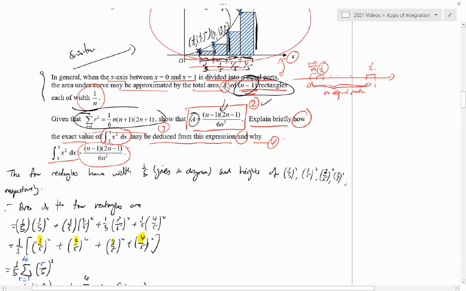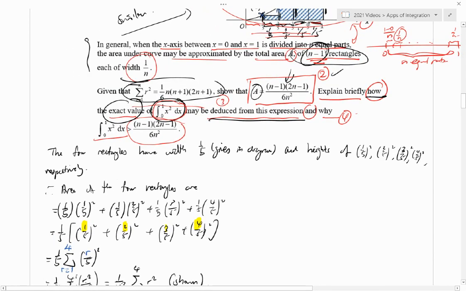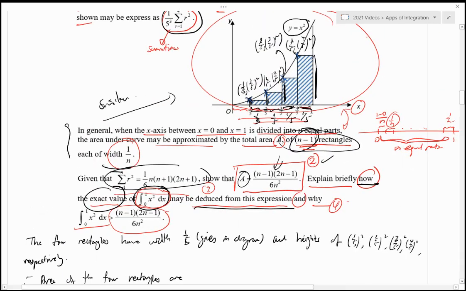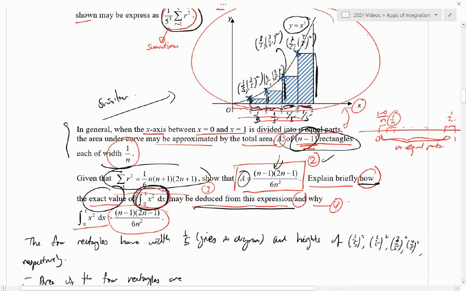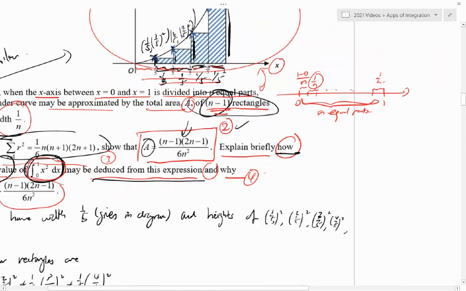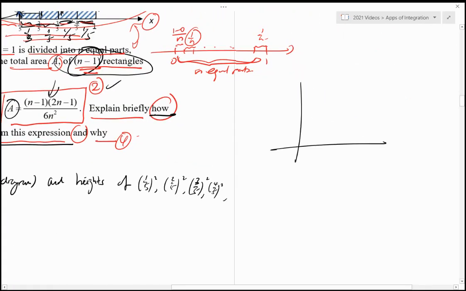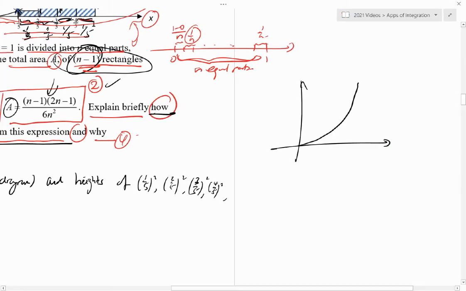Next, I'm supposed to explain how the exact value of this definite integral can be deduced from the expression. Now, what do you understand about this definite integral? The integrand is y equals x squared, from 0 to 1.